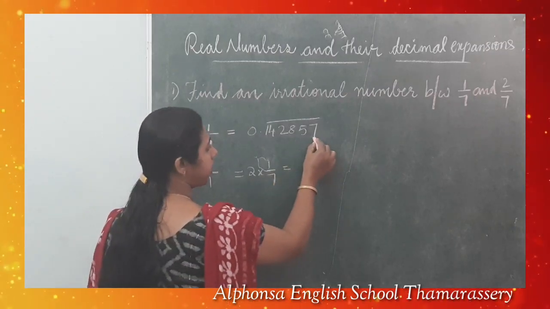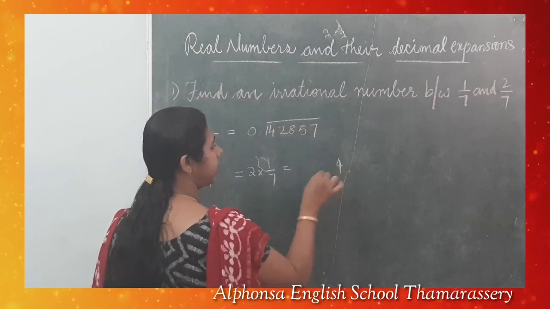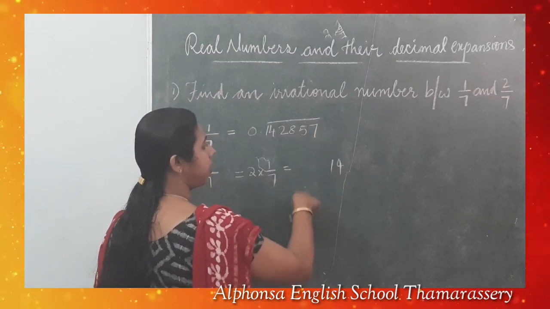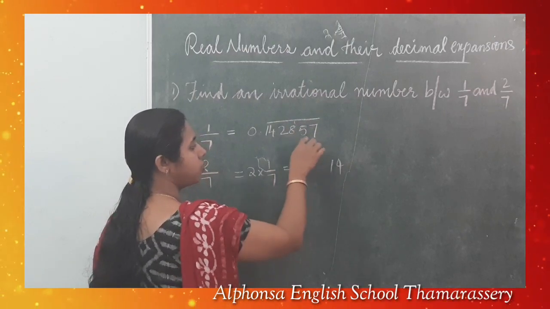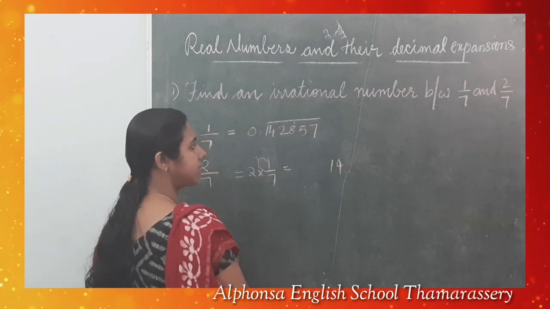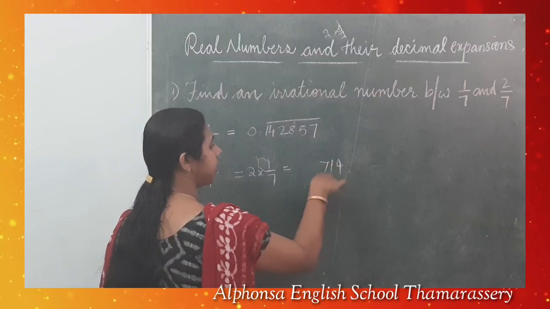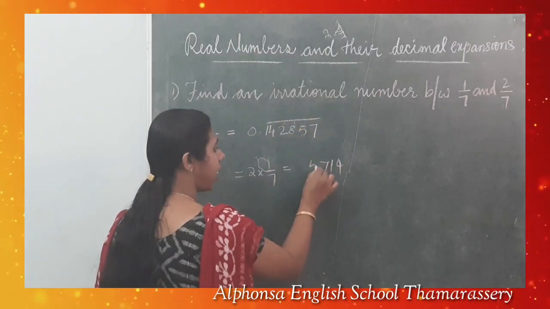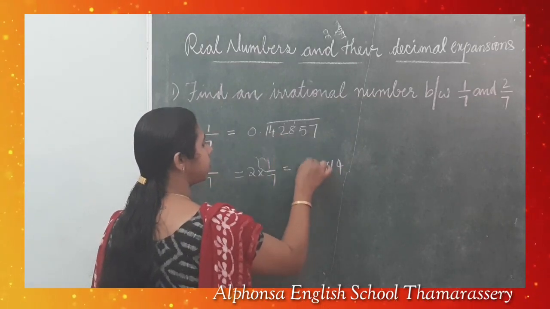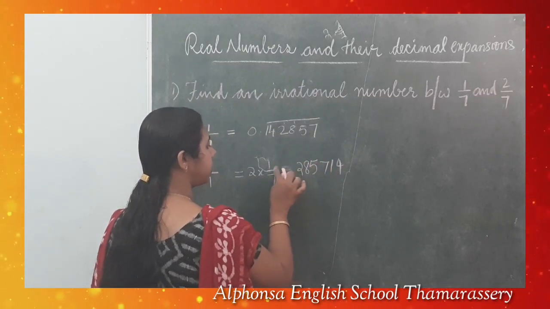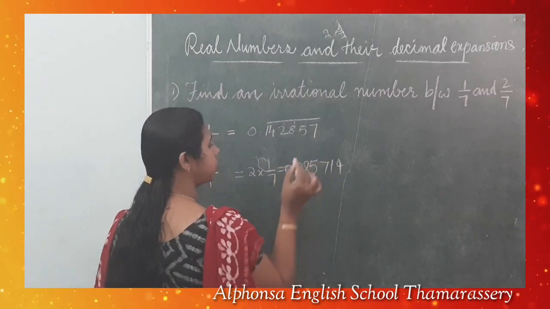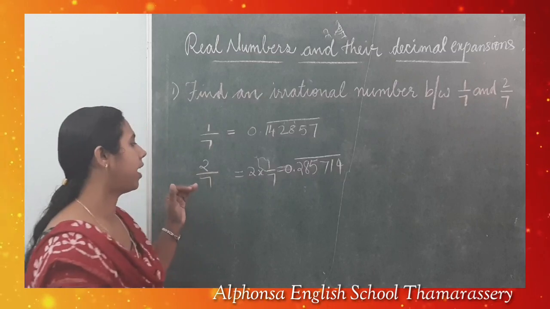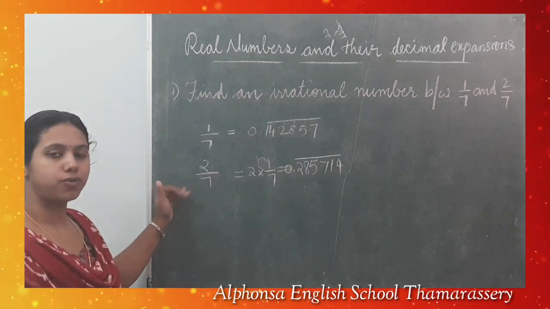So if you multiply by 2, 2 sevens are 14, 1 is remainder, 2 fives are 10, 10 plus 1, 11, 1 is carry over, 2 eights are 16, 16 plus 1, 17, 1 is carry over, 2 twos are 4 plus 1, 5, 2 fours are 8, 1 2 is 2. So you are getting 0.285714 bar. So that is the value of 2 by 7.